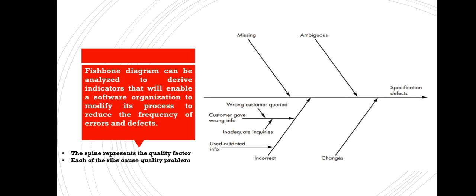So if the specification is correct and direct from the customer to the software project manager, then all the specification identifications are considered, and if any defects are present, they are easily identified. This in turn leads to the quality factor. And the ribs cause quality problems.